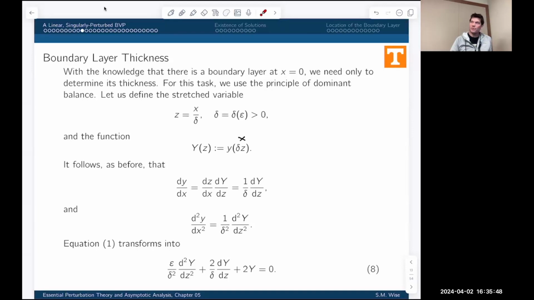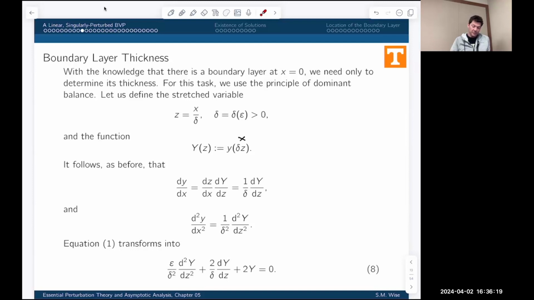Now, in this principle of dominant balance, which I'm going to do momentarily, I need to have the differential equation completely reconfigured in terms of this capital Y function. So I need to replace the ordinary derivatives dy dx and d2y dx squared with the versions valid in the capital Y variable with the Z independent variable.